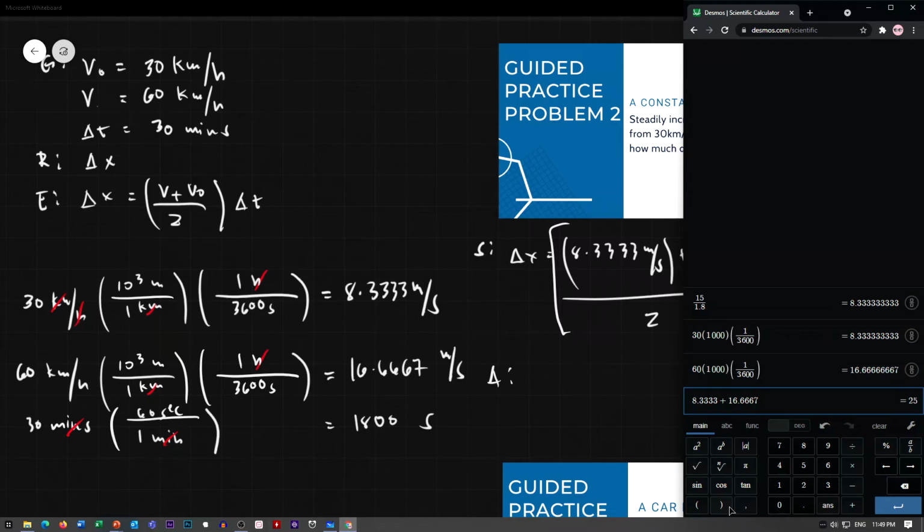Okay, so we place a parenthesis here and here, divide by 2.